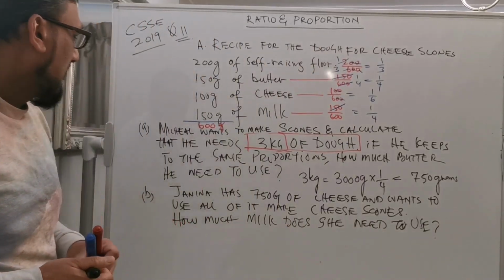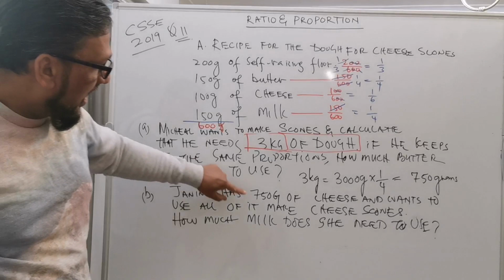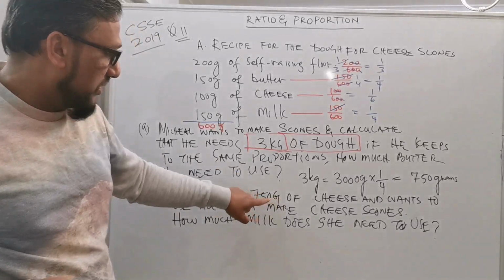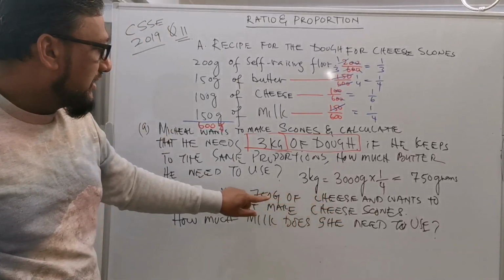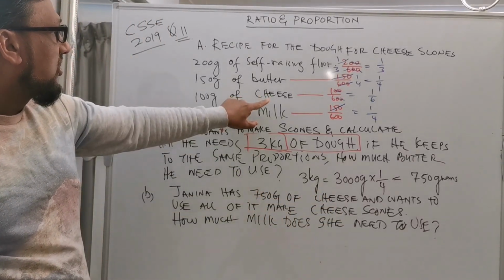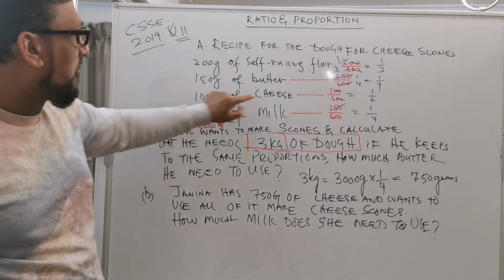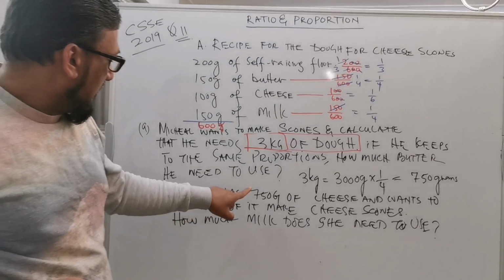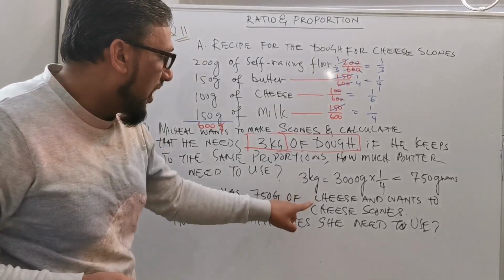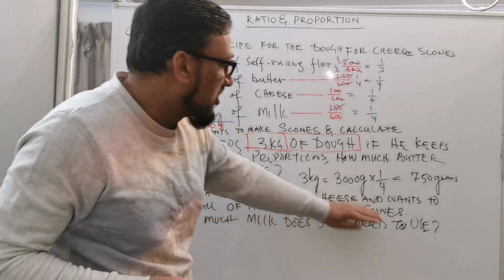So it means in the second part, Janina has 750 gram of cheese, and the cheese, which for every 100 gram, for the 600 gram, the proportion of the cheese is 1/6. It says she wants to use all of the 750 gram of cheese to make cheese scones.